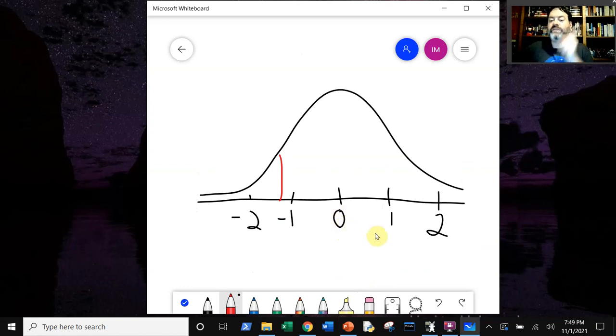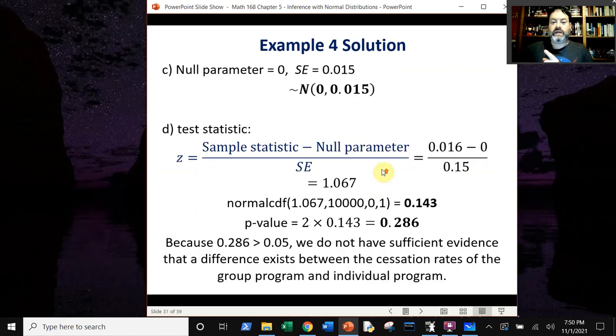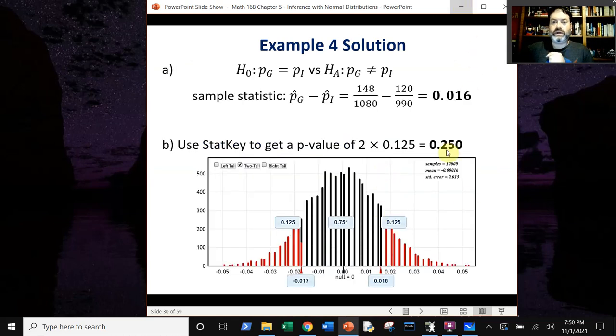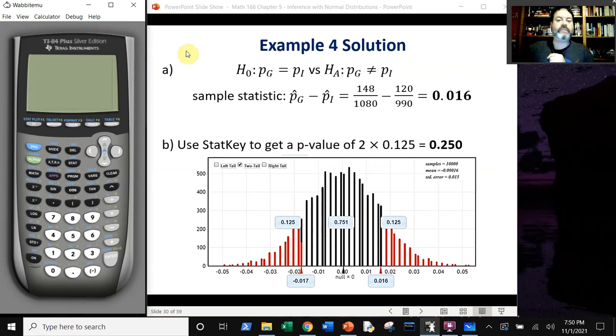But we don't know what the test statistic is, so we have to compute that. So this is what we do. Oh, where'd my calculator go? All right. We're just going to use the same formula we used before, and this one's real similar to the last one I did, the other one with the p-hats.